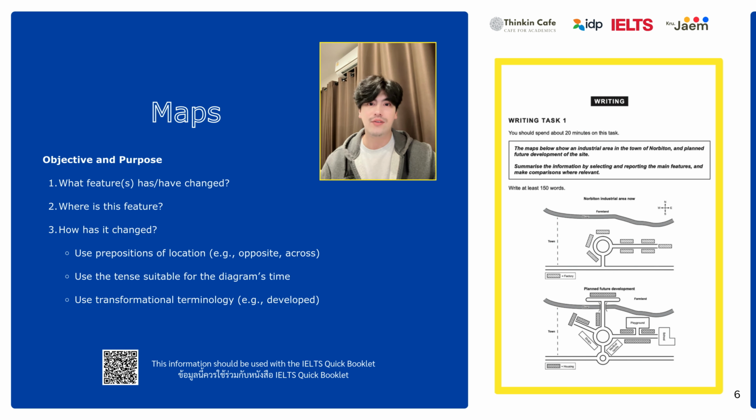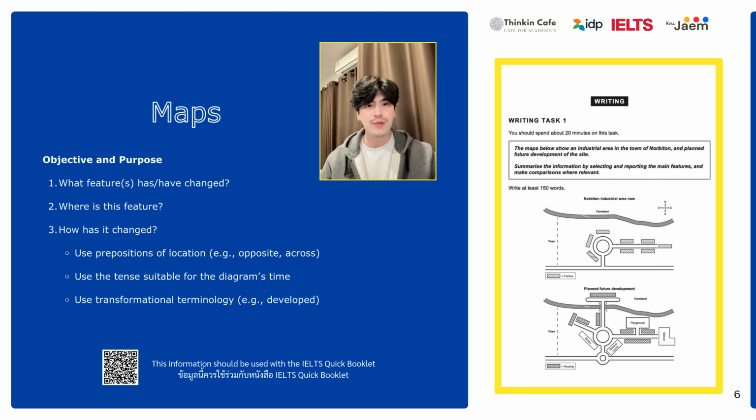Some of the key terminology that you want to use in the description of a map would be prepositions of location. So you might say towards the east, or in the eastern part of the city, for example, in the northern area, towards the northeastern area of the city, comma, subject, verb, object, for instance.